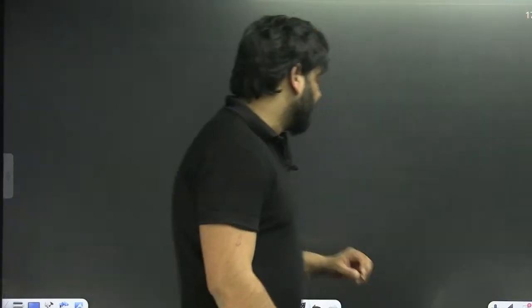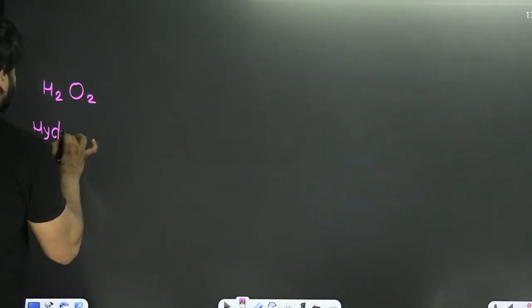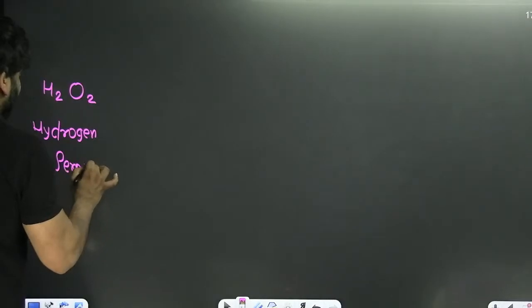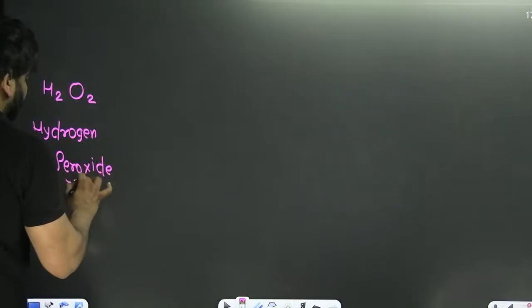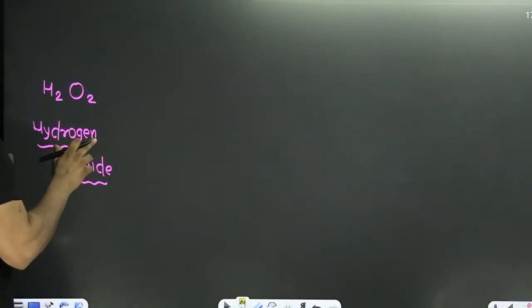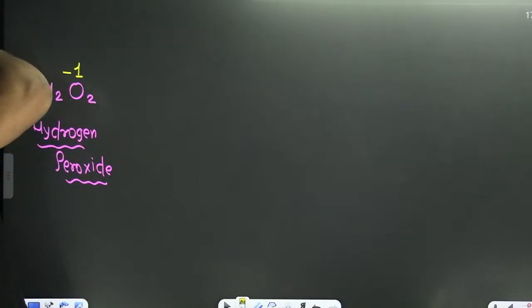So let us take one example here. This is called hydrogen peroxide, H2O2. In hydrogen peroxide, you can find the oxidation state of oxygen using the same formula we were using earlier. 2 plus 2x equals 0, 2x equals -2, x equals -1.